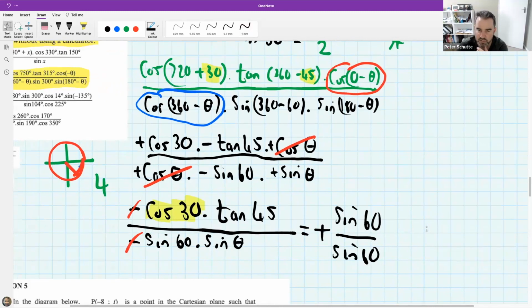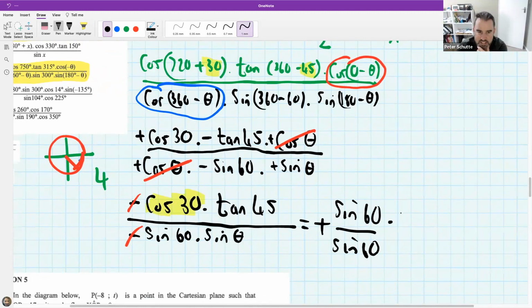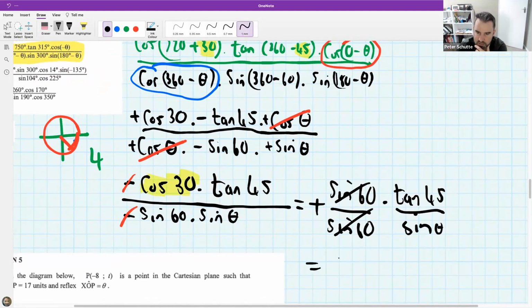And then what else do we have left? We've got a tan of 45. And we've got a sine of theta. But the sine of 60, that can be cancelled. So now I'm just left with the tan of 45 over the sine of theta.